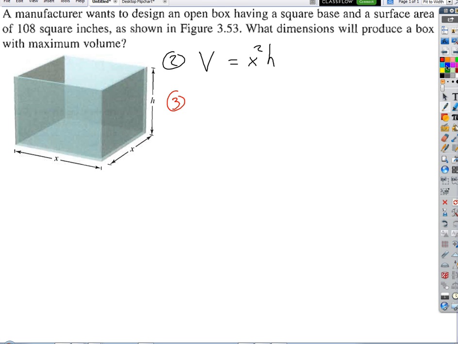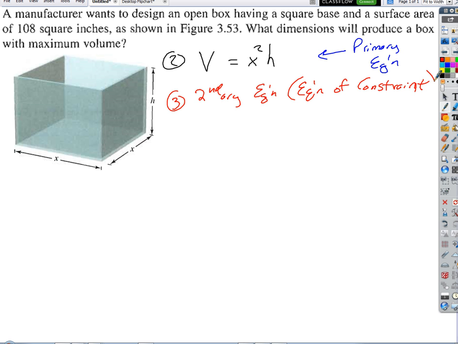So that means we're going to move on. And I guess I should label this. So this is our primary equation. Now step 3 is going to be our secondary, or sometimes we're going to call this equation of constraint.